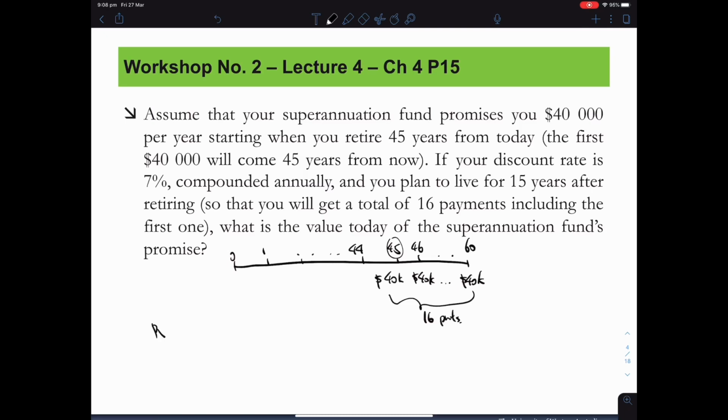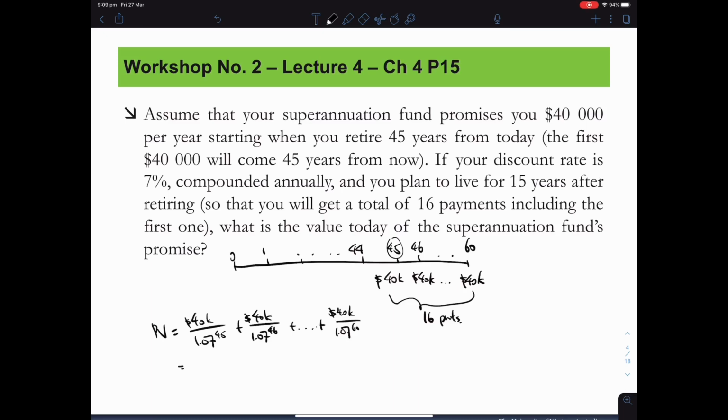The present value equals, again, if you can use the long way, that's perfectly fine. We can discount all the individual cash flows and sum them up. That would be $40,000 divided by 1.07 to the power of 45, plus 40K divided by 1.07 to the power of 46, and so on, until 40K divided by 1.07 to the power of 60.